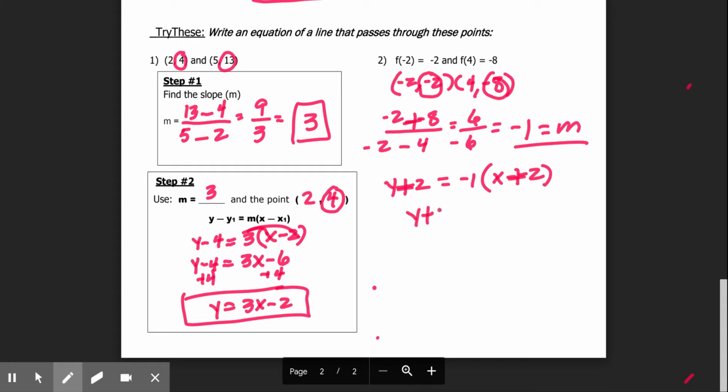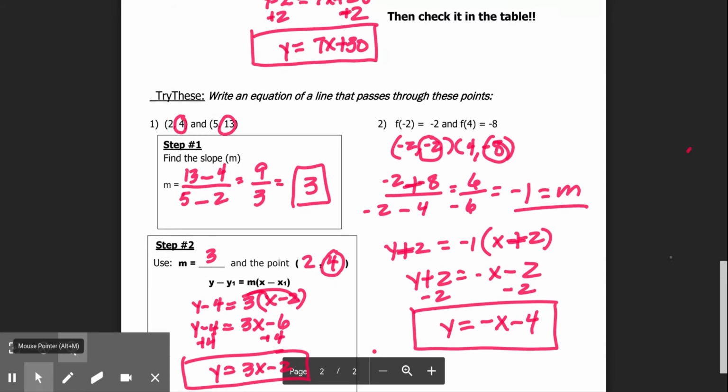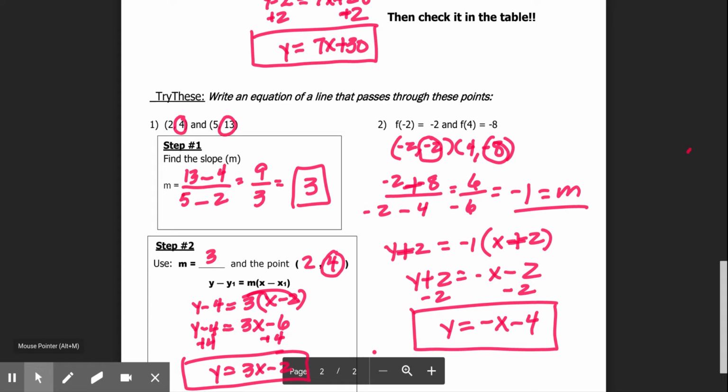So we have y plus 2 equals -x minus 2. And we're going to subtract 2 from both sides. So we have y is equal to -x minus 4. And that's it. I hope you understand it.